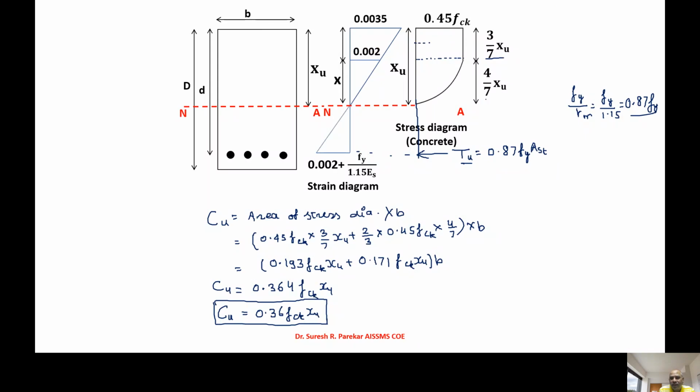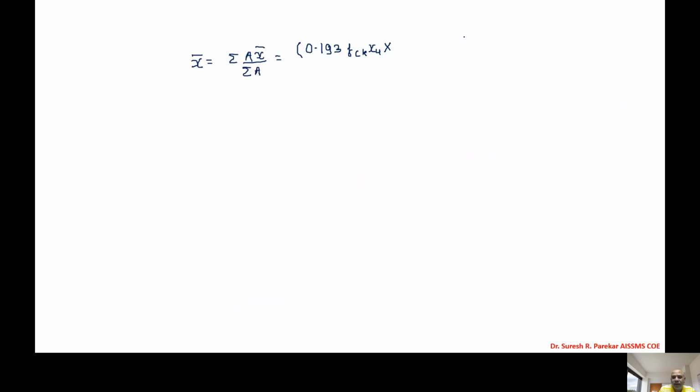So the centroid is at 1/2 into 3/7 of xu.